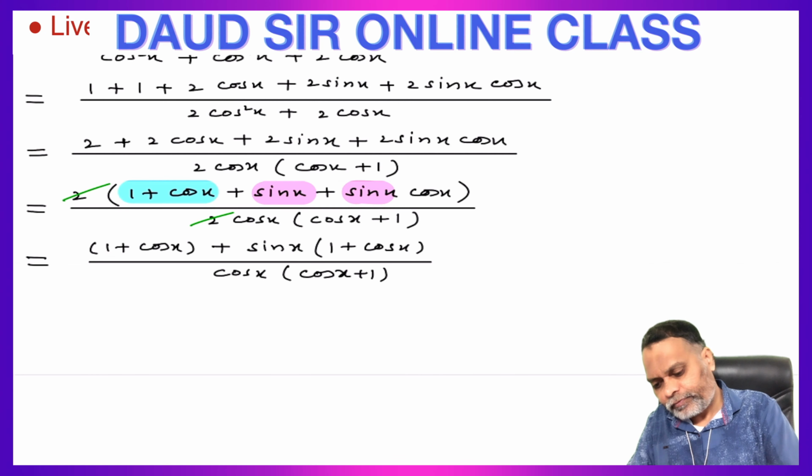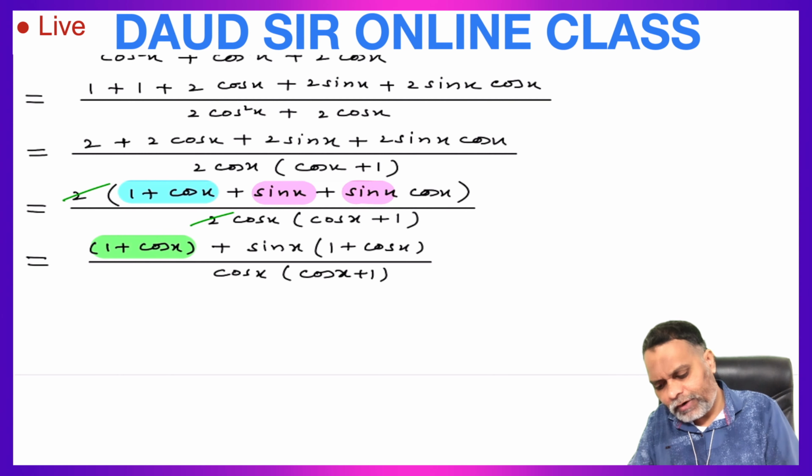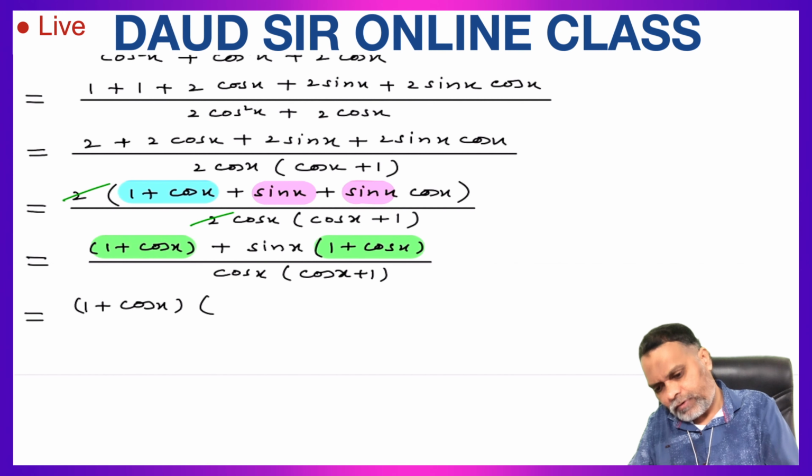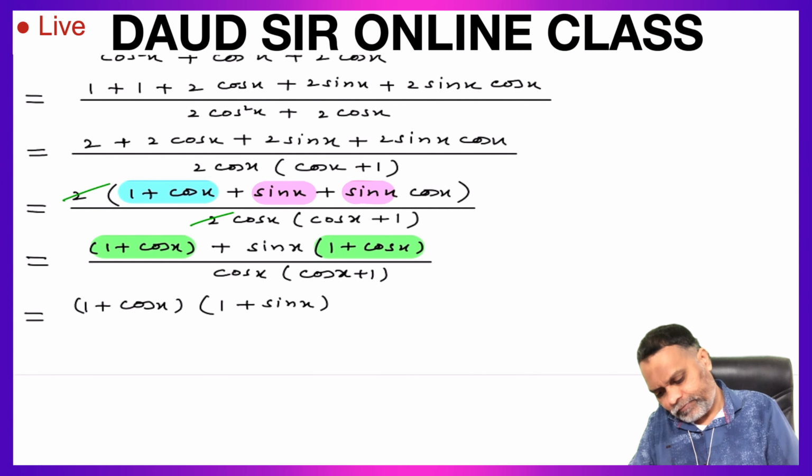Now we can take out this factor 1 plus cos x common from the numerator. So which is equal to 1 plus cos x common. So in this bracket 1 left and here sin x left, plus sin x, upon cos x into (cos x plus 1).